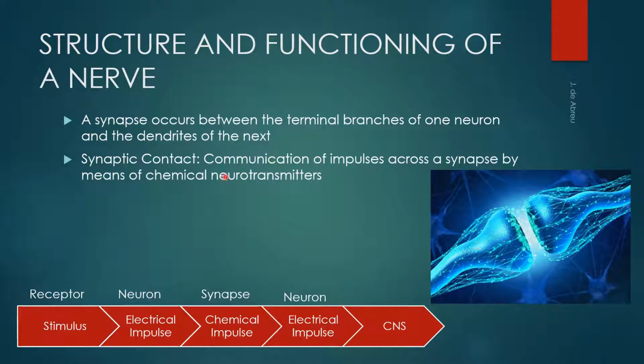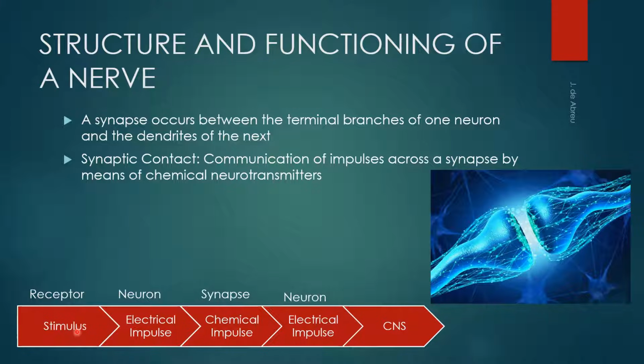And synaptic contact is communication of the impulses across the synapse by means of chemical neurotransmitters. So we know impulses along a neuron are in an electrical form, but across this little gap between the two neurons, they turn into a chemical impulse. So in the synapse, it is a chemical impulse because chemical neurotransmitters transfer the impulse. As soon as it gets to the dendrites of the next neuron, it changes back to an electrical impulse.